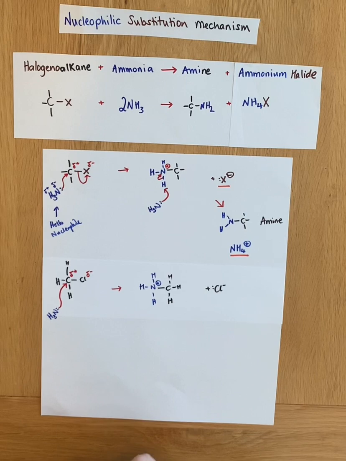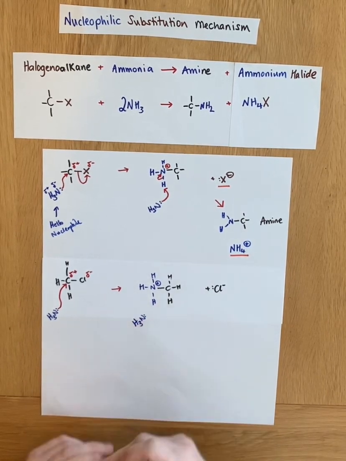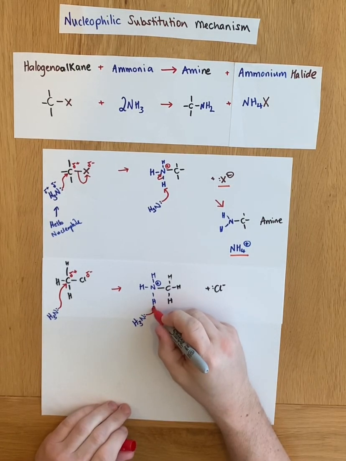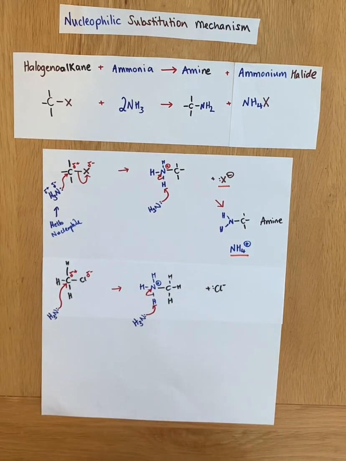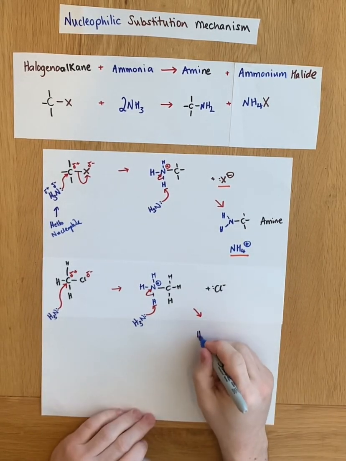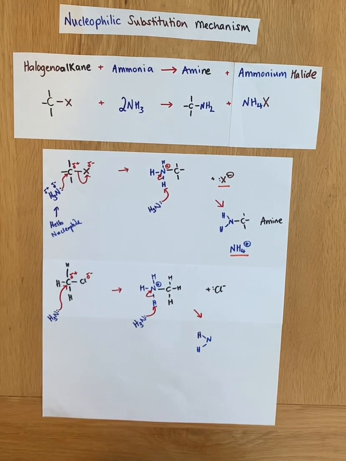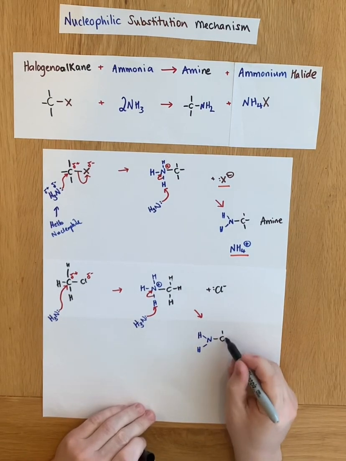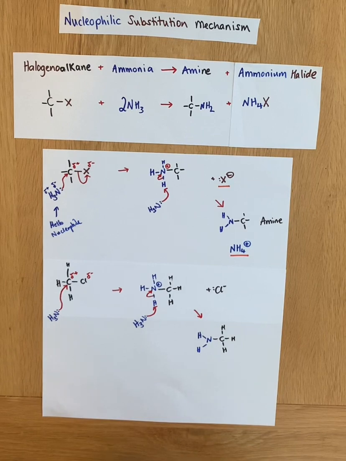Then a second ammonia is going to come into play and take one of the hydrogen atoms. Pair of electrons from the nitrogen-hydrogen bond goes onto the nitrogen, producing our product, which is our amine. And our amine here, we will name in a second. Hydrogen, hydrogen, hydrogen. And we've also got our ammonium.